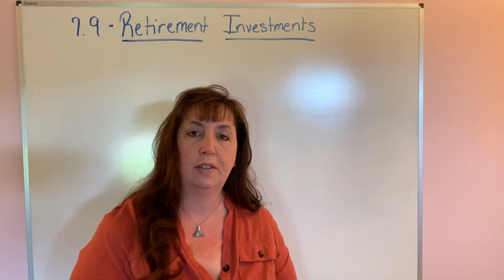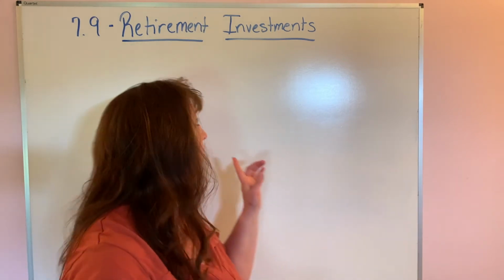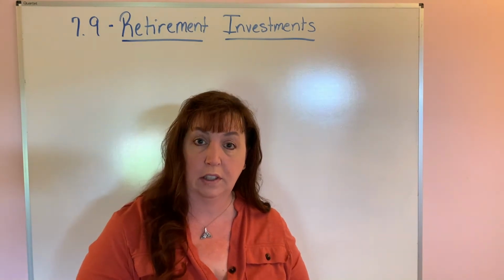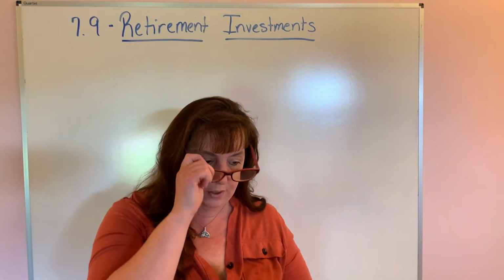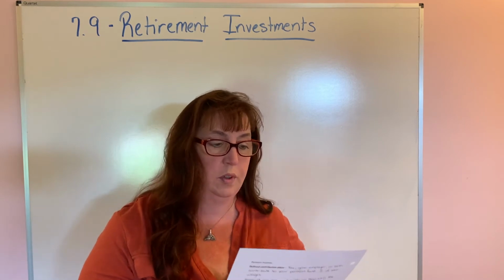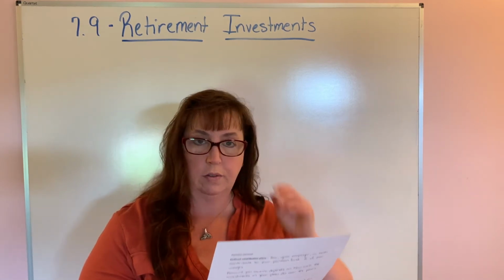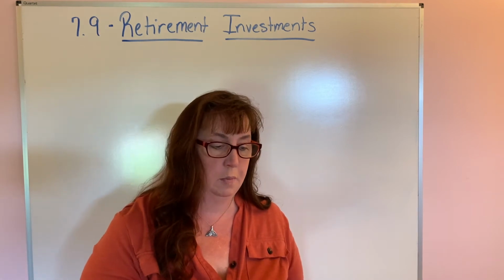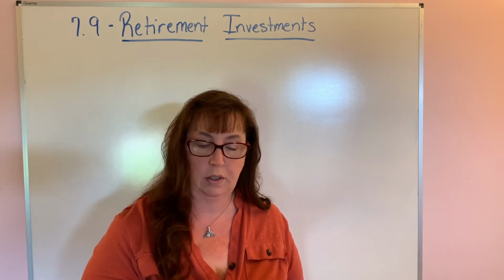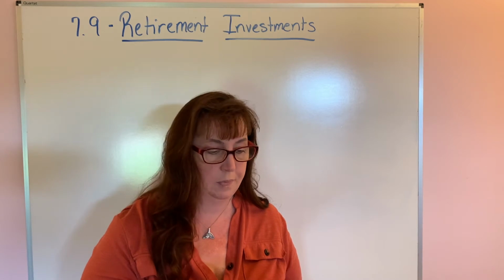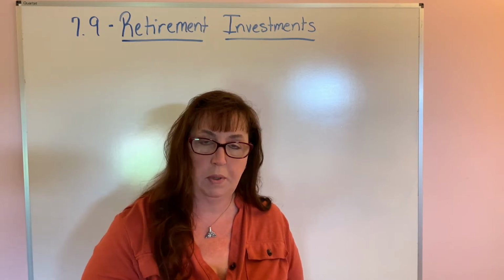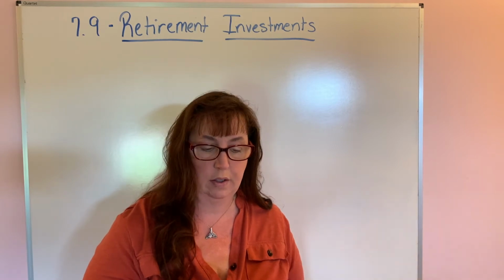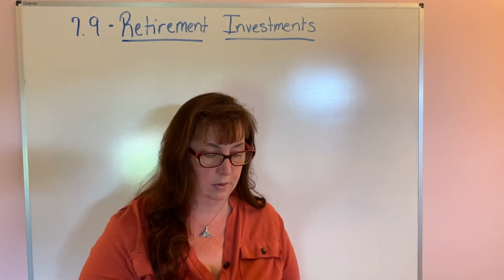This is chapter 7, section 9 of your notes. This is the last section we'll cover for the year. So let's talk about retirement. Retirement income comes from several sources: Social Security benefits, personal pension plans, a 401k or 403b, company union pension plan, income from other investments, and an IRA, individual retirement account.